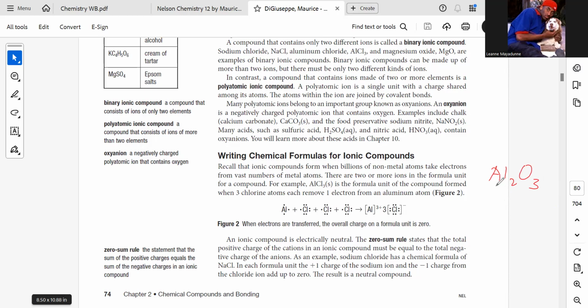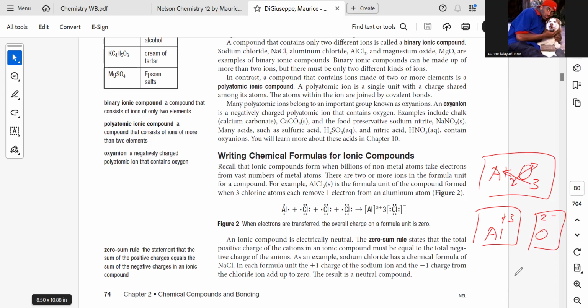No. When you know the formula, you just cross the numbers. So aluminium has +3 charge, oxygen has 2 minus charge. So if you know the formula, you know the charges. And vice versa. If you know the charges, you know the formula.